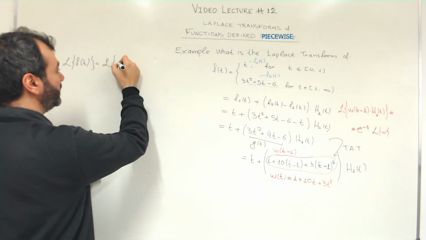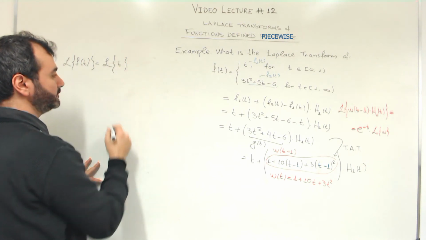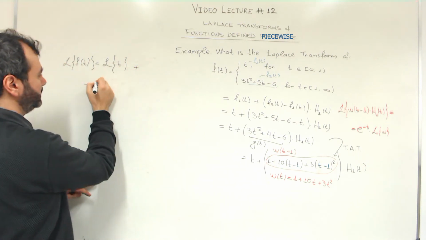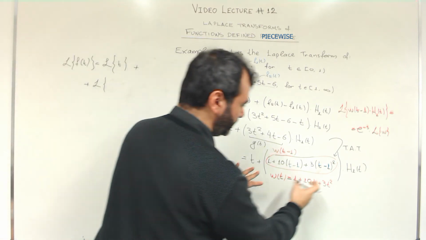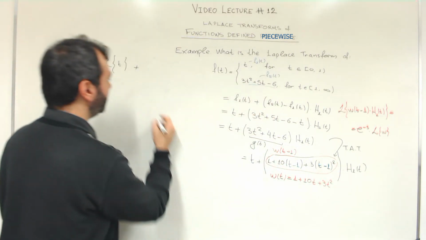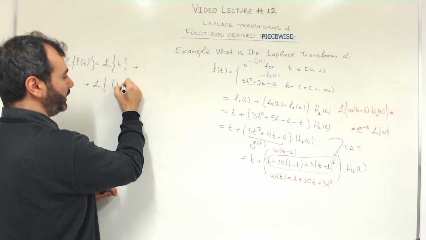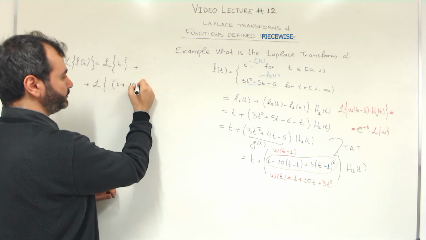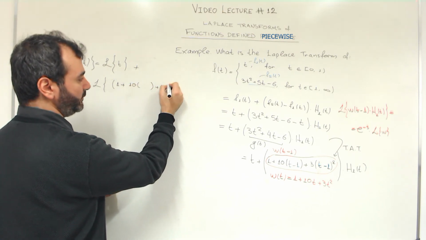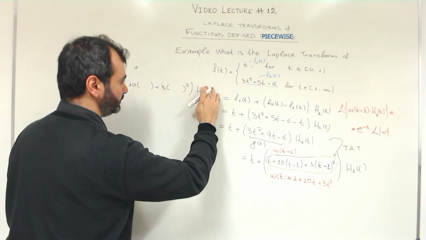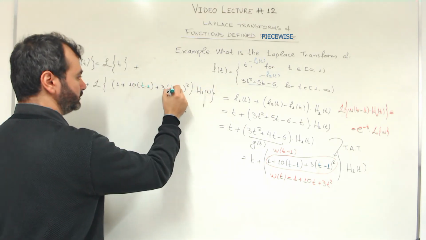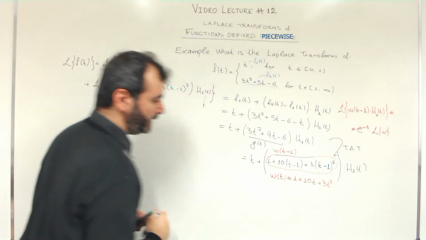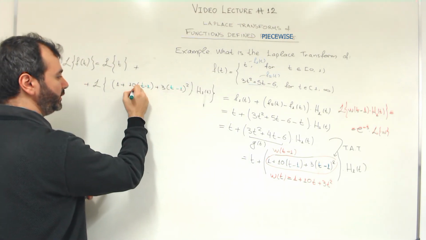So the Laplace transform of t plus the transform of this whole big thing over here. So 1 plus 10 (t minus 1) plus 3 (t minus 1) squared. And we said that w of t is this function, w of t.